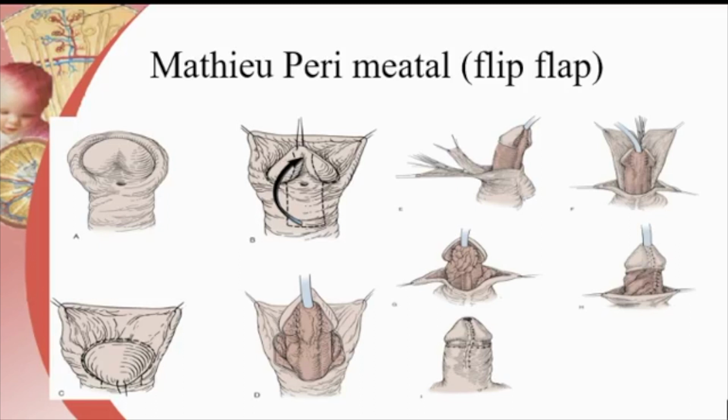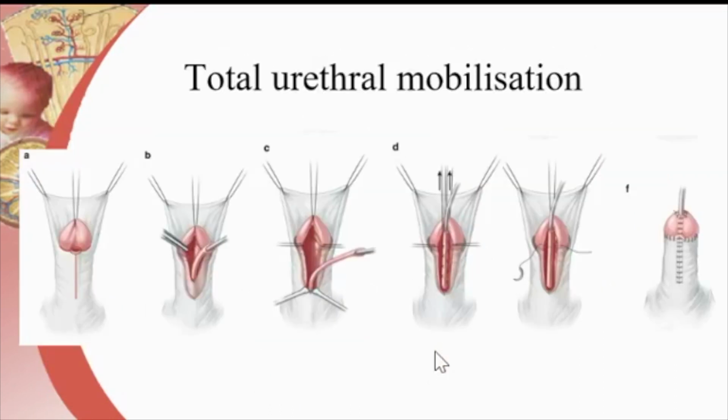So if there is a 4 millimeter of advancement you have to do, then you take a 4 millimeter flap, flip it across, and then suture it on either side. So you have two suture lines here, one here, one here. So the 5 millimeter of the dorsal urethra comes from here, and then the 5 millimeter of the other part of the urethra comes from the flipped flap. So this is a perimeatal based flap. You can also provide a soft tissue cover for this. So that is a Mathieu flip flap repair, which is a very useful repair.